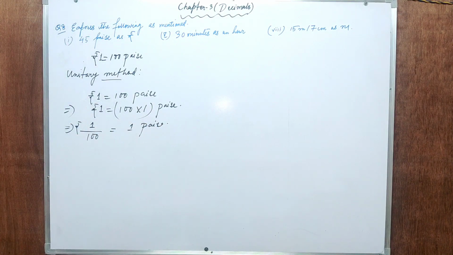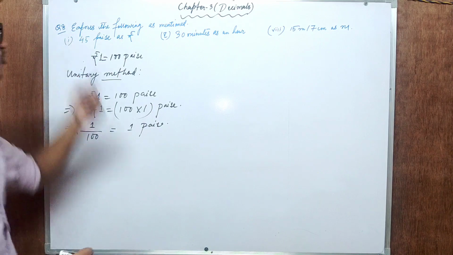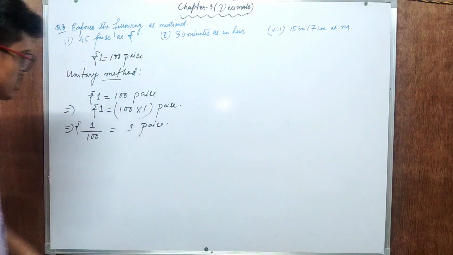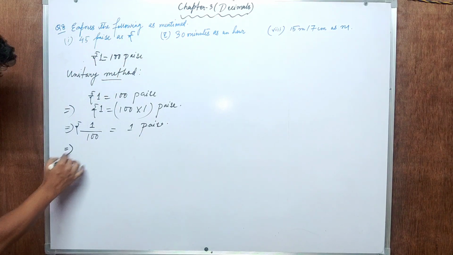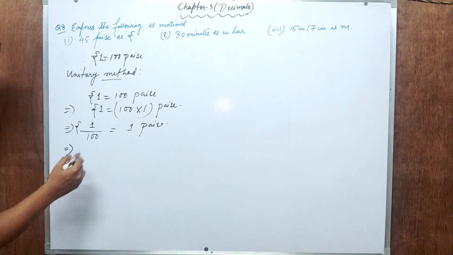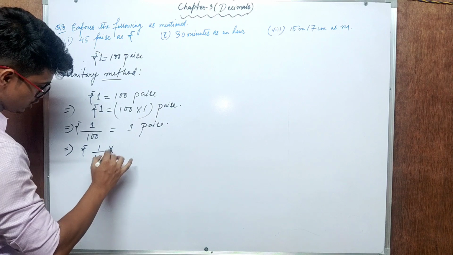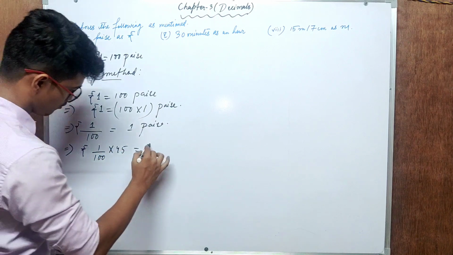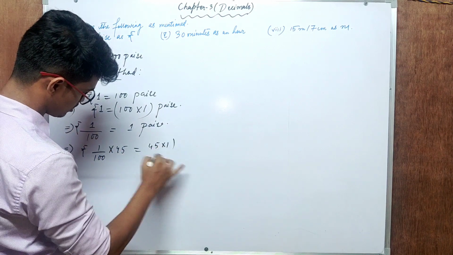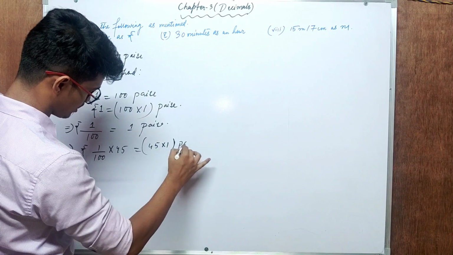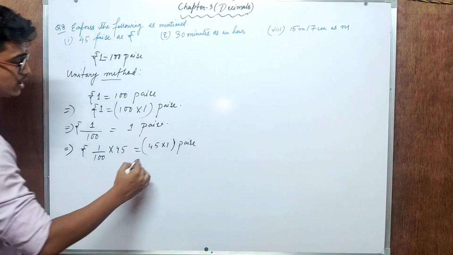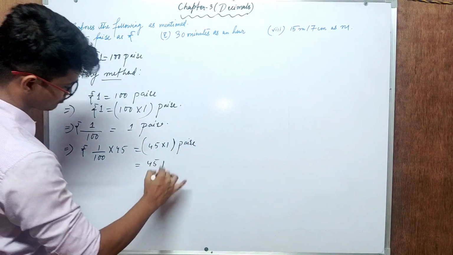Done. Now in the question, what is written? 45 paise. I am multiplying 45 to both sides: 1 by 100 into 45, and 45 into 1 paise. So 45 into 1 is nothing but 45 paise.